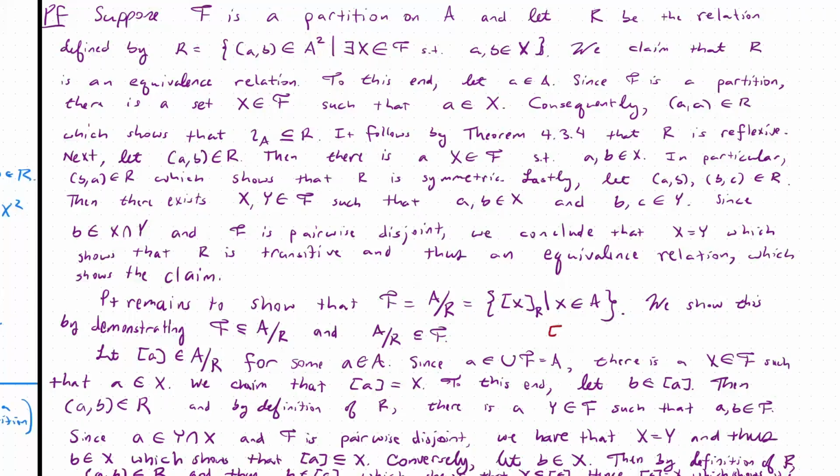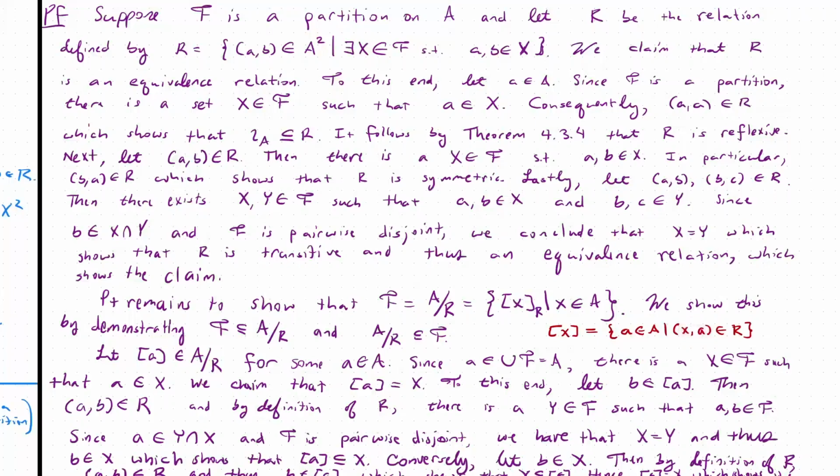By definition of the equivalence class, this is the collection of all elements x of A such that (x, a) is in R. And since we have that R is an equivalence relation, we have already shown that up here, we can write this as (a, x) or (x, a). And so we can change the order here since we know it's an equivalence relation.